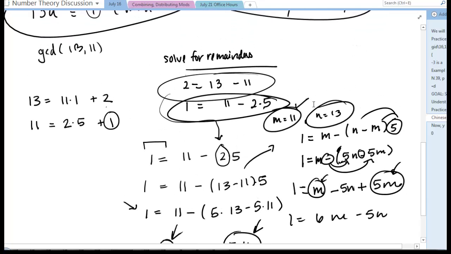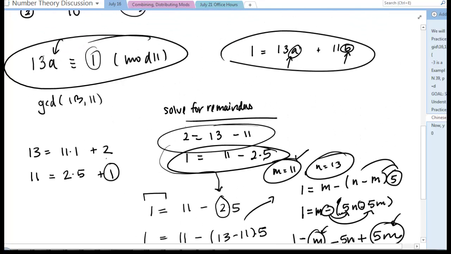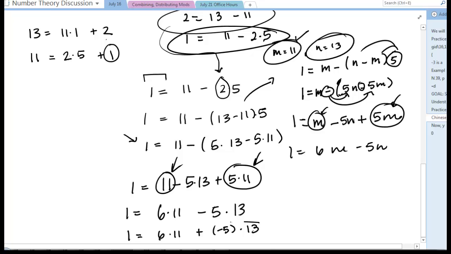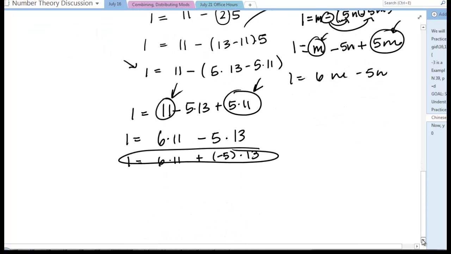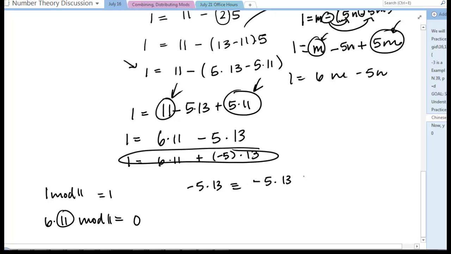Now, let's look at this equation mod 11. So what I'm going to do is take everything mod 11. 1 mod 11 is 1. 6 times 11 mod 11 is 0 because it's a multiple of 11. Negative 5 times 13, I'm just going to leave as is.